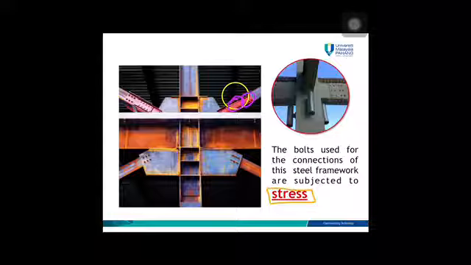What happens if these bolts are not in stress? And then it becomes loose, and if the bolt is loose, then the structure will collapse. So that's why everything needs to be in stress, because they need to hold the structure together.